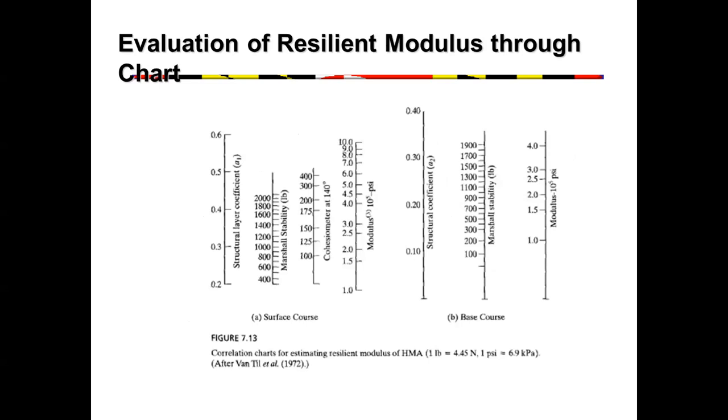Now, if we don't have the chance to do a test, we can always estimate the modulus value. Normally, we test our material for Marshall stability. So if we know our Marshall stability, say 2200 pound, we can always estimate the modulus value.